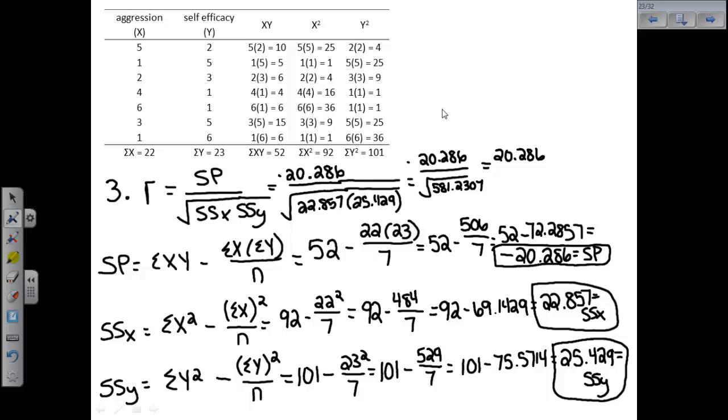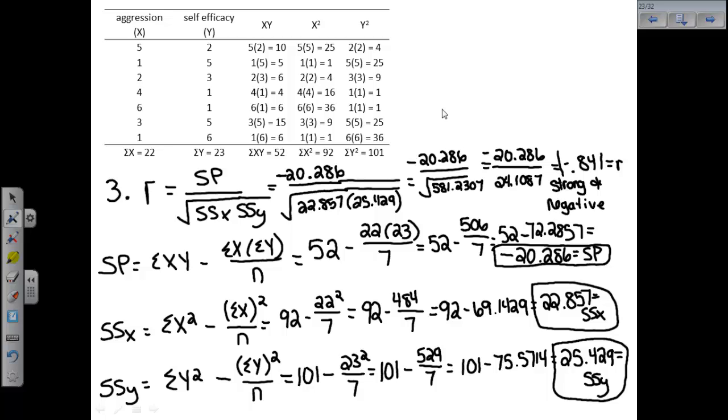Oh, negative. Don't forget your negative. So the square root of 581.2307 is 24.1087. And you end up with a correlation of negative 0.841. So, just like the last one, actually, strong and negative.